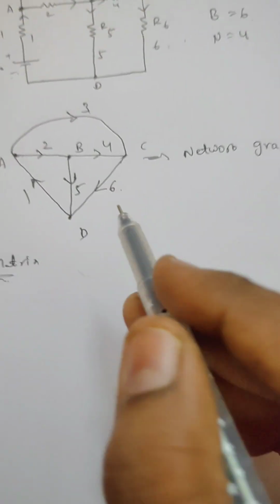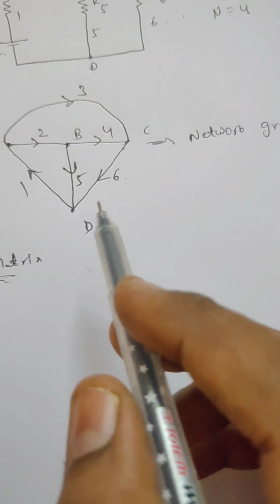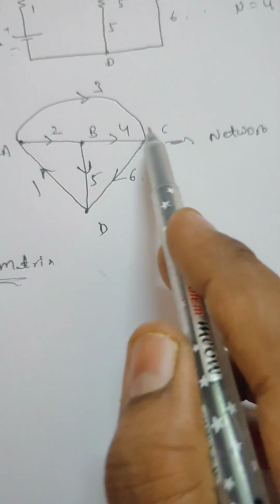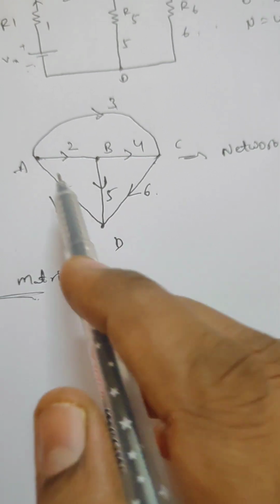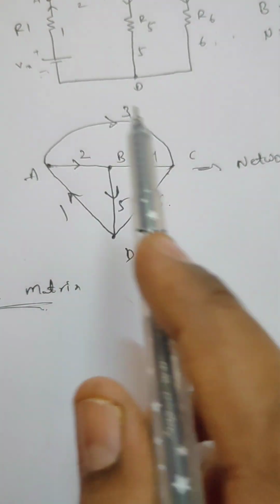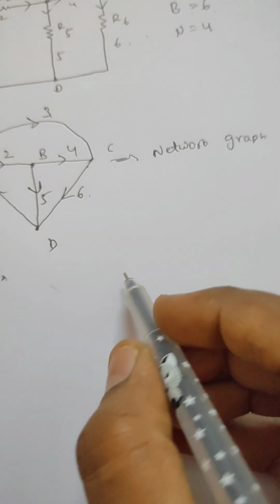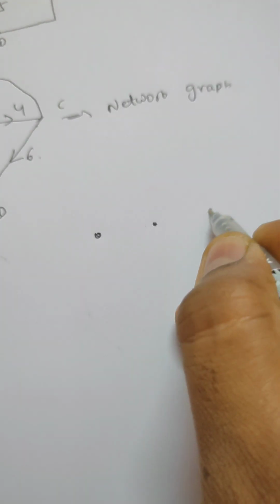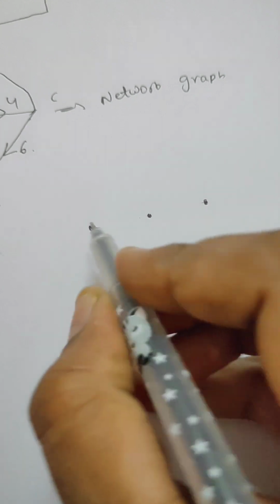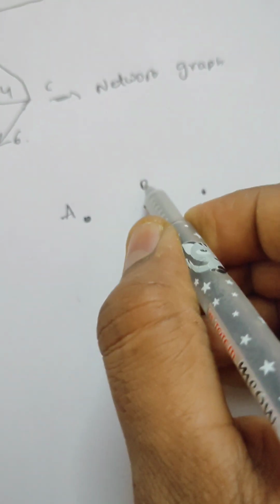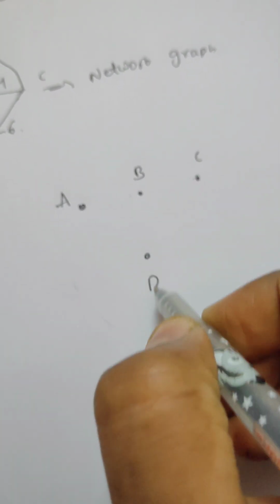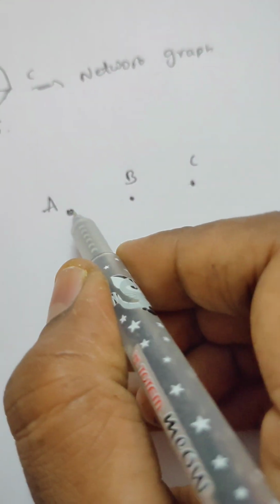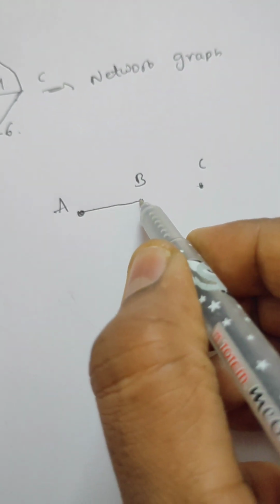A tree consists of all the nodes, like the 4 nodes, but does not contain any closed loop. So I am considering one tree, which consists of the 4 nodes A, B, C, D, and I am considering this tree.